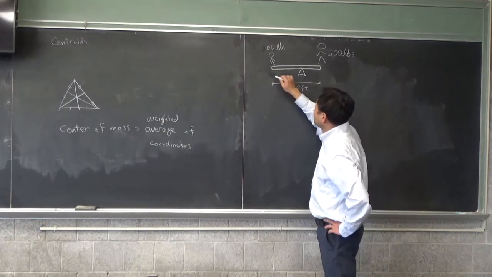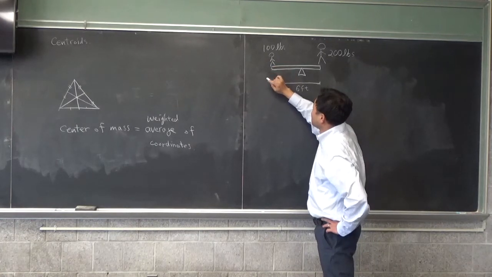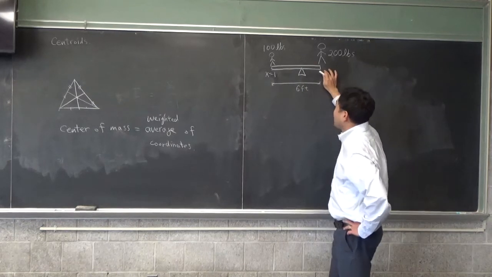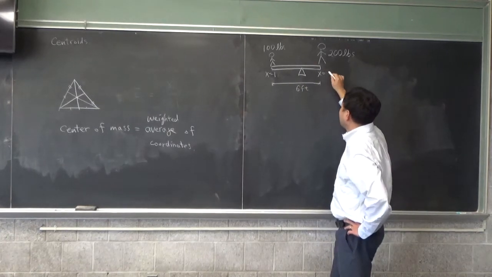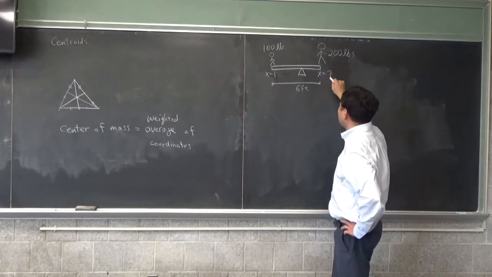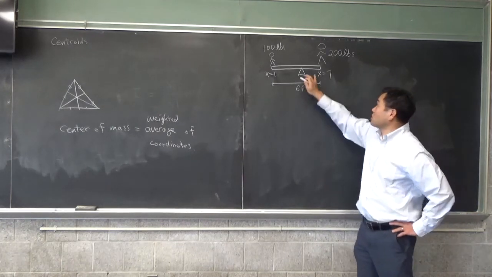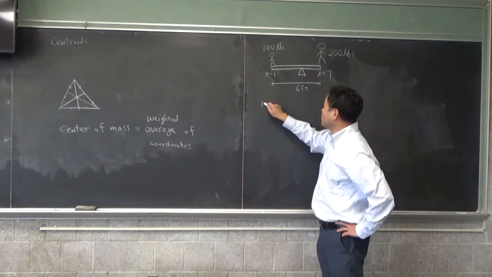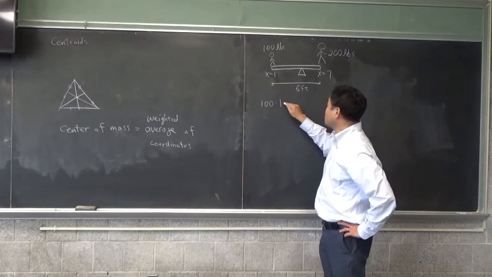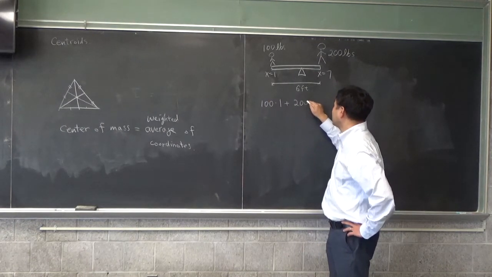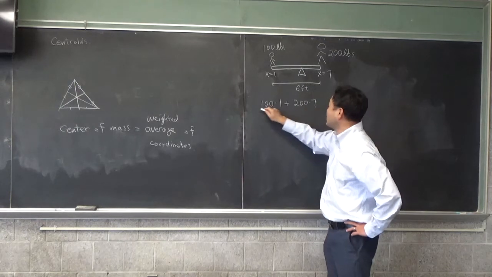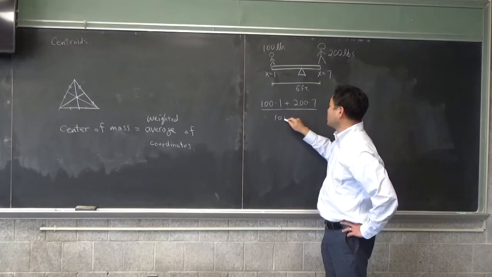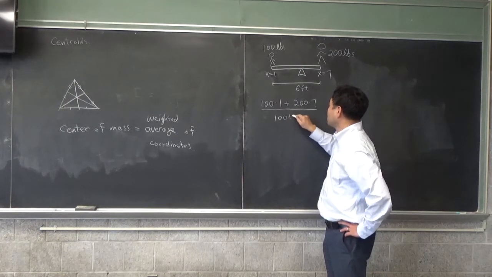if you say the kid is at the x coordinate x equals 1, and your dad is at 1 plus 6, which is at 7, and you wanted to know the coordinate of the center of mass, you do it like this. You do 100 times 1 plus 200 times 7, divided by 100 plus 200.